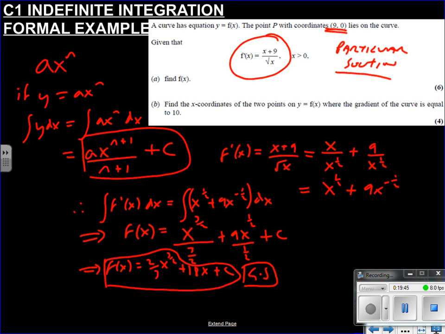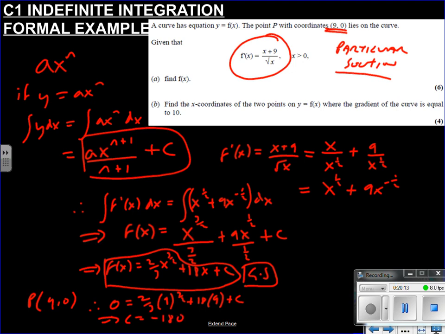So if we use the point 9, 0, x is 9, y is 0, therefore 0 is 2 by 3 x to the 3 by 2, so 2 by 3, 9 to the 3 by 2 plus 18 times 9 plus c. Therefore c equals, if you rearrange that, 9 to the 3 by 2 times 2 by 3 plus 18 times 9, 180.